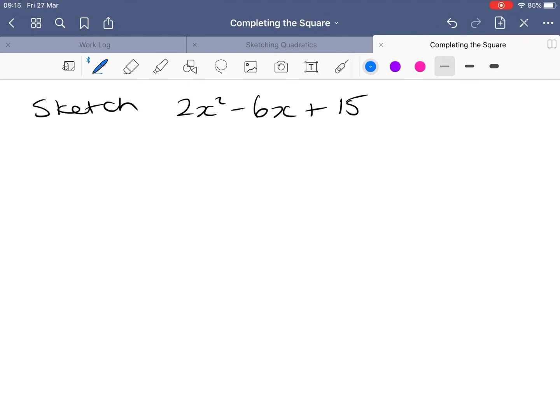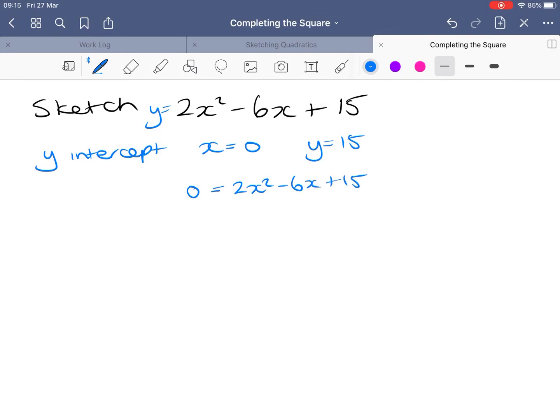Okay, so again, let's find the y-intercept, or where it crosses the y-axis. So when x equals 0, y equals 15. Okay, let's have a look, see if it factorises. So let's say 0 equals 2x squared minus 6x plus 15. So remember, we multiply those together to get 30.